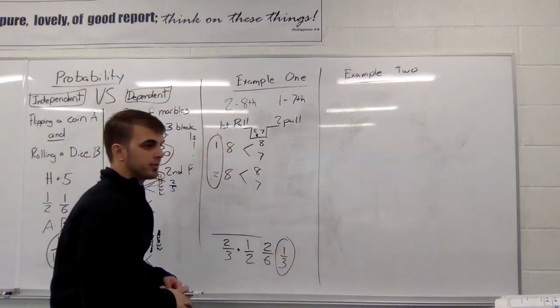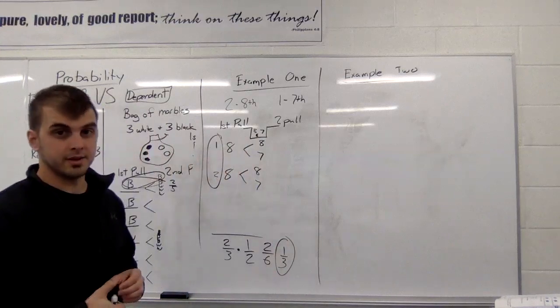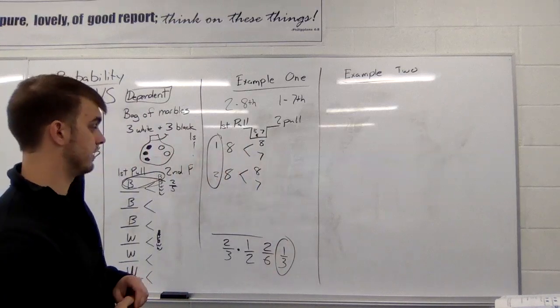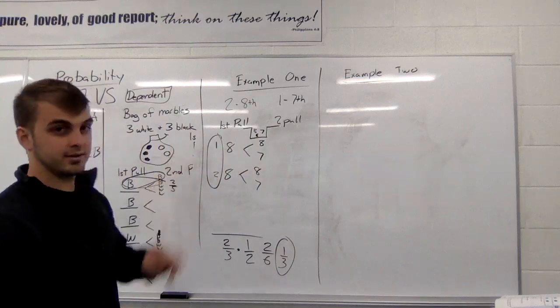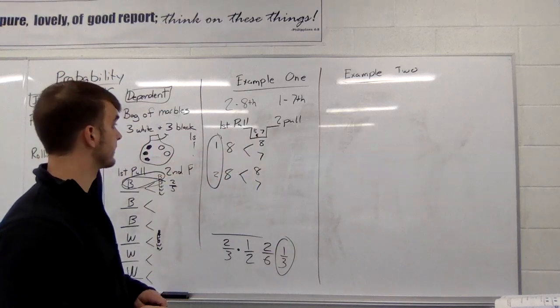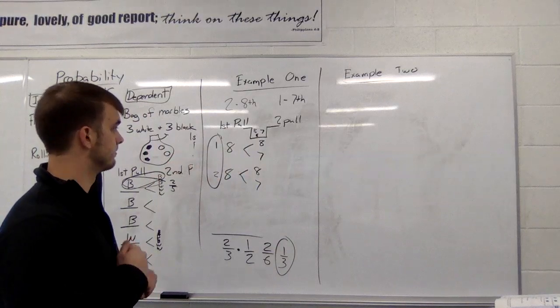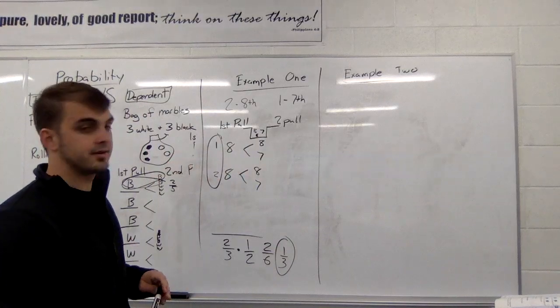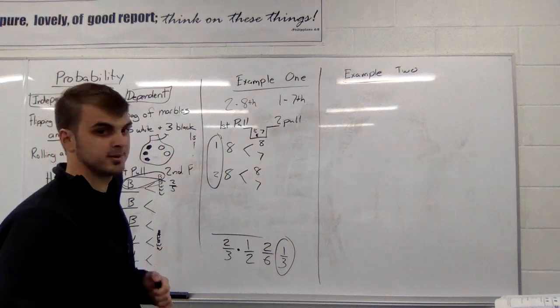So you have a 1/3, 33% chance to get 2 8th graders on this trip. Kind of unlikely, but there's a chance that it could happen.